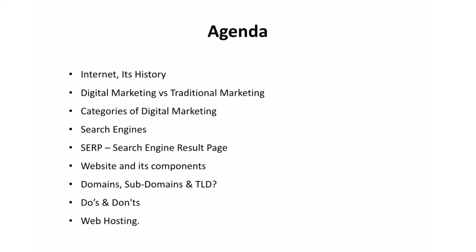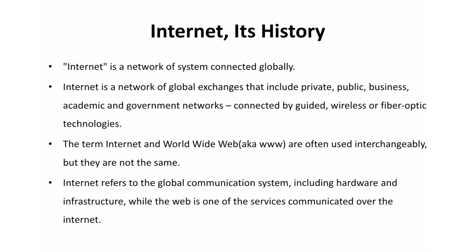All right, let's get into the first section, Internet and its history. All right, so the Internet is nothing but a network of computers connected to each other. So when I say a network of computers, there are many millions of computers available in the world today.